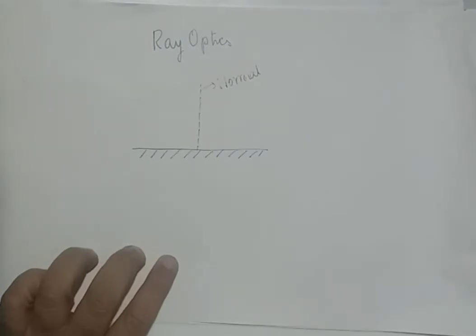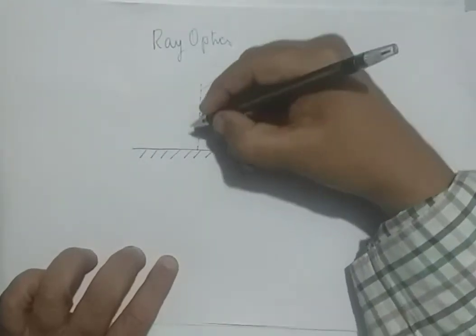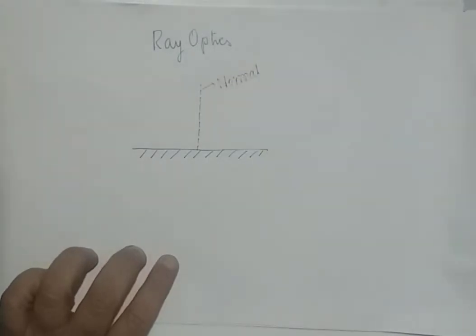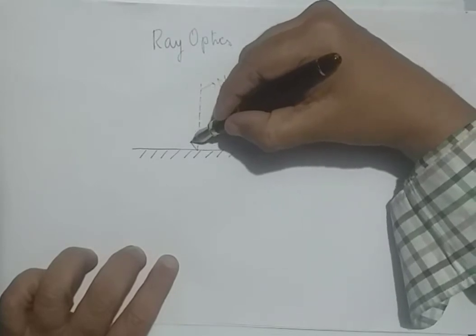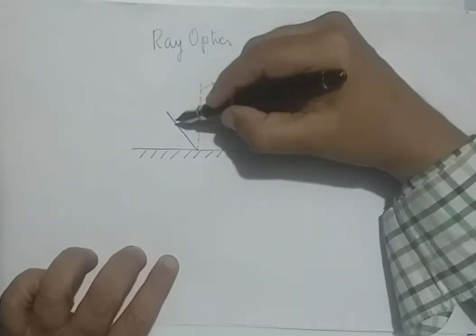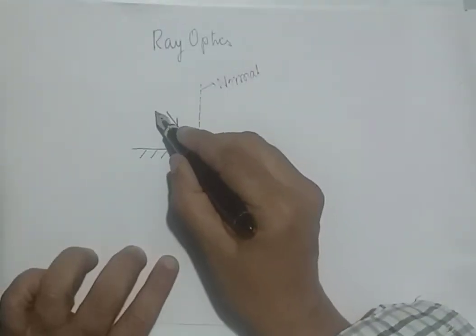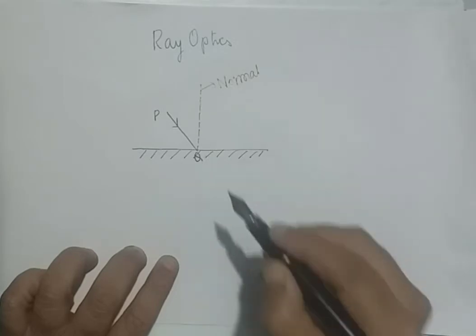Now, a ray of light falling on the surface can be written like this, indicated by an arrow, and let us call this PQ.